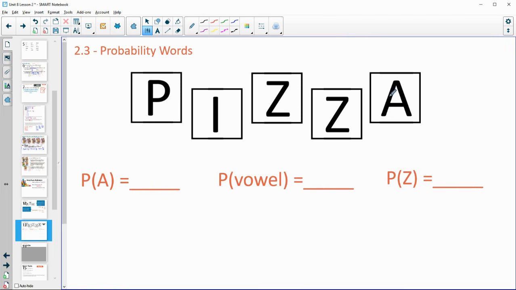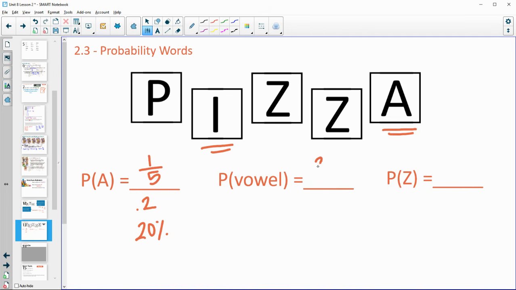So the probability of an A, now we have 5 letters in our sample space. One of them is an A out of the 5. So it'd be a 1 in 5 chance, which would be a 0.2 decimal or a 20% chance. Vowel. So I and A are both vowels.